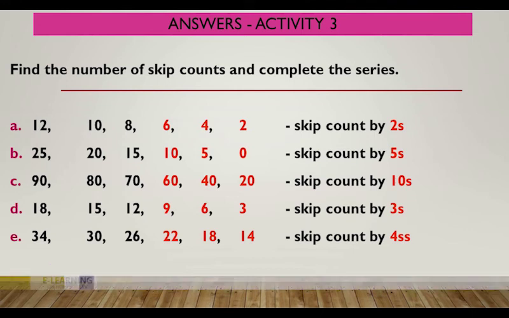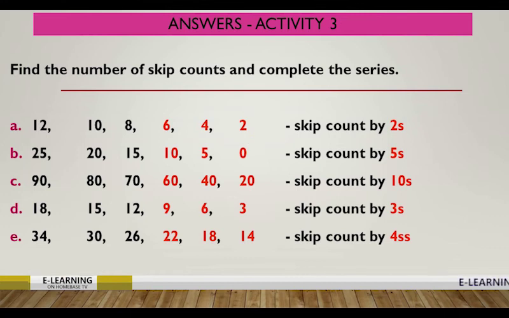C, we have 90, 80, 70, 60, 40, and 20. With this, we used skip count by 10s. D, we have 18, 15, 12, 9, 6, and 3.